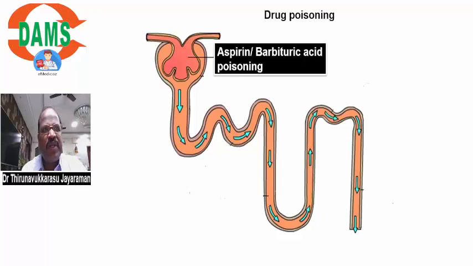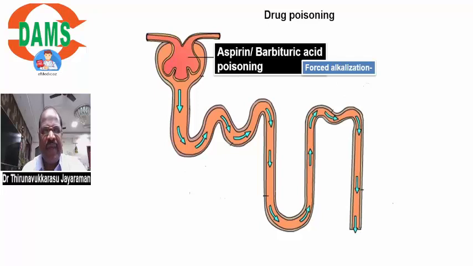So to promote excretion of an acidic drug, I should make the drug ionized. For that, the urine should be alkalized. This concept is called forced alkalization.